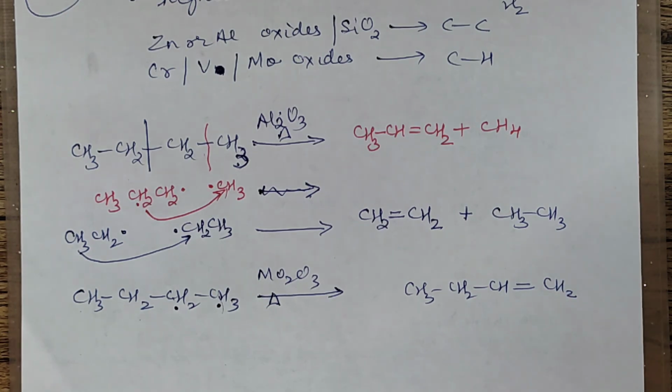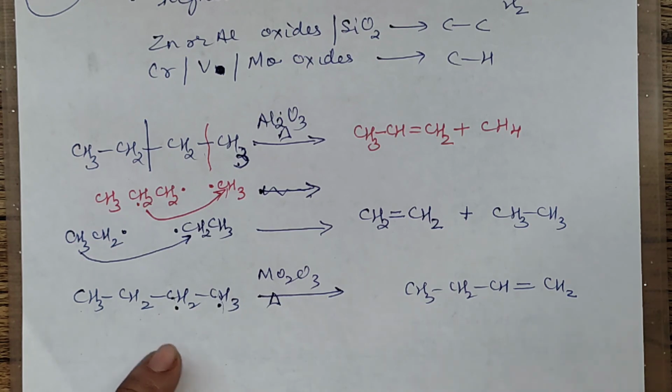I hope this is clear. When I am saying this carbon, one of the hydrogens, and this carbon, another one of the hydrogens here, so that H2 is coming out, right? So H2 is coming out, plus the remaining free radicals which are generated will combine and form a double bond.